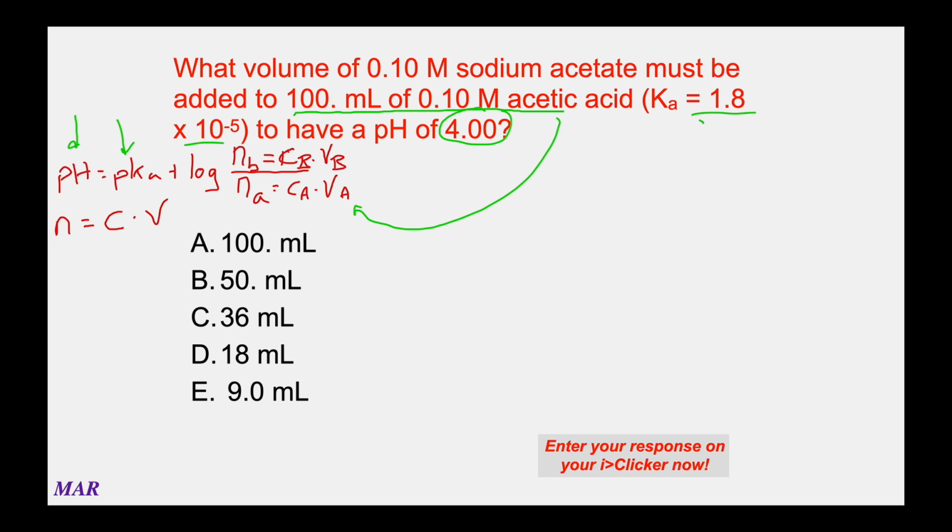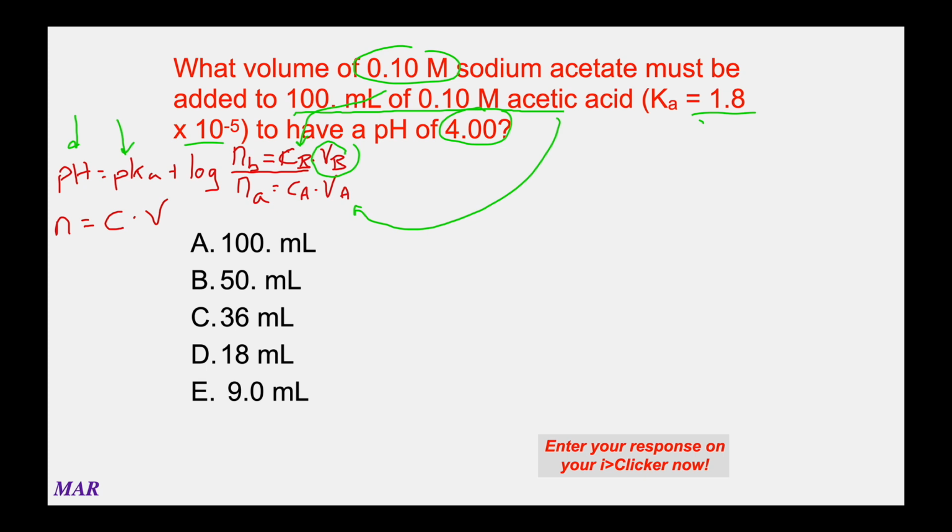And if you want, you can even use 100 milliliters. That's totally fine, because the top part, if it's in milliliters too, you'll be okay. And the base, which is the acetate, that's concentration of the base. So if you look carefully, the only thing you don't have is the volume of base.